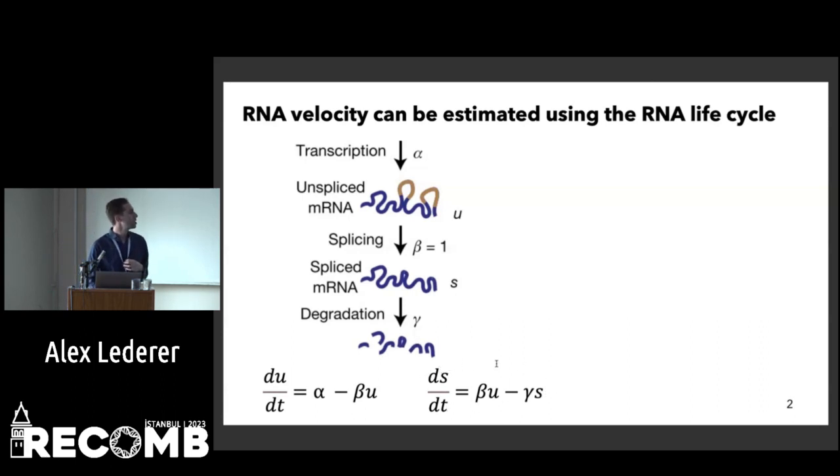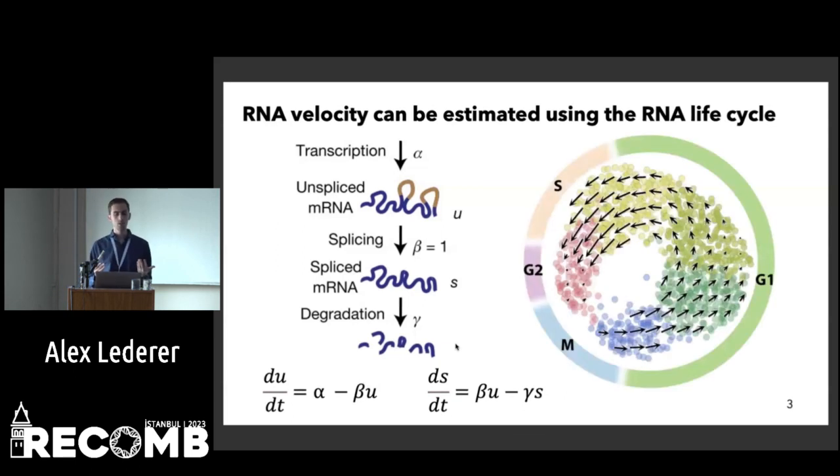In particular, this equation here represents the change in spliced over time. And this is a function of the rate at which the unspliced is spliced, according to beta, minus the rate at which the S is degraded. And once we estimate this on a gene-wise basis, we use phase portraits to estimate a residual from a steady state fit and project this onto a low-dimensional space, such as a UMAP, which I show here on the right.